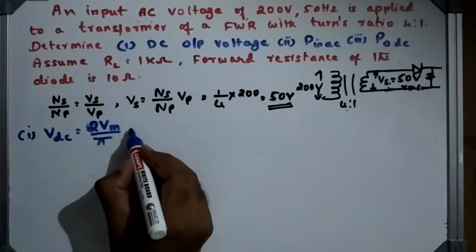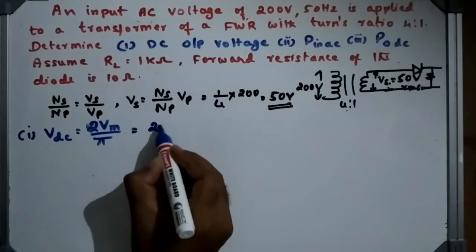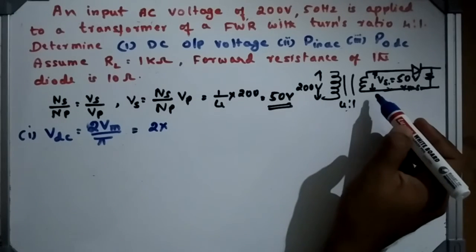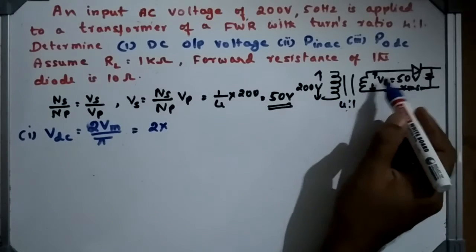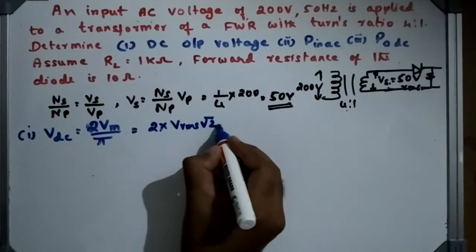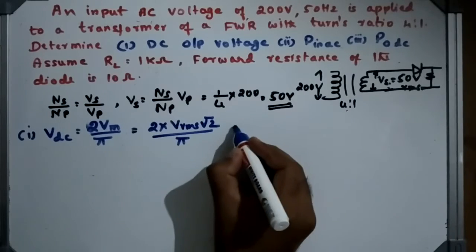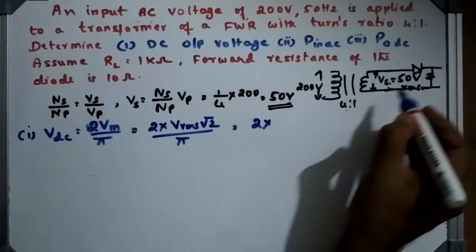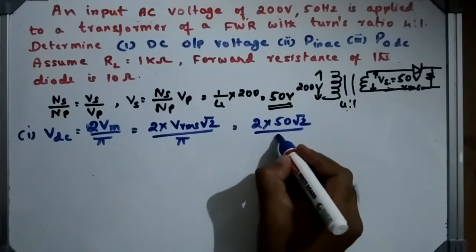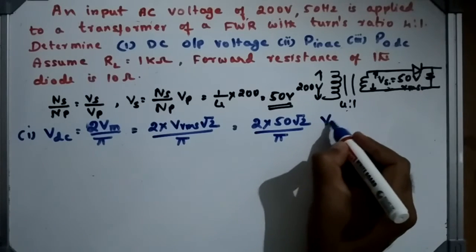You can watch it. This is equal to 2 into Vm, and Vm is Vrms into root 2, divided by pi. This is equal to 2 into 50 root 2 divided by pi, this much volt.